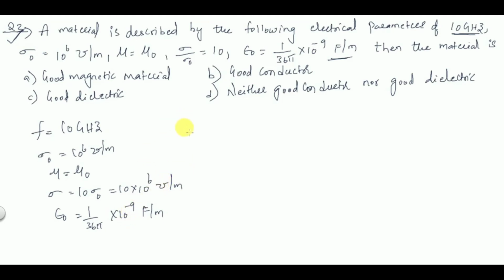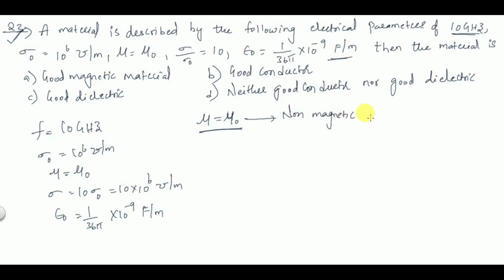He has not given any value of epsilon r and mu r, so we'll consider them as 1. So mu is equal to mu naught, that is, mu r is equal to 1. When mu is equal to mu naught, it is a non-magnetic material.